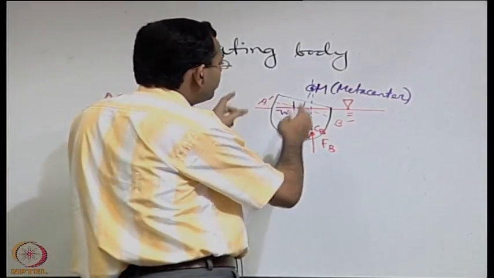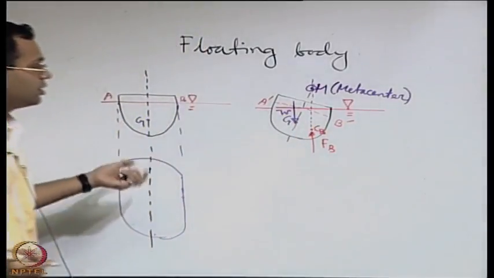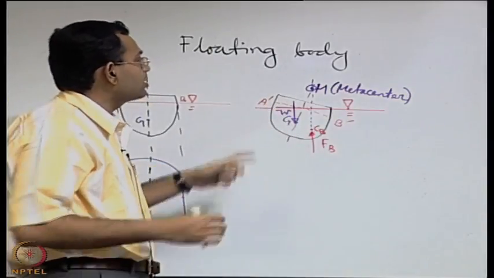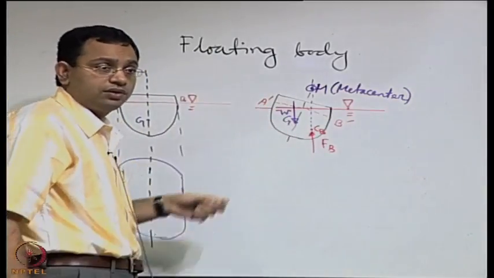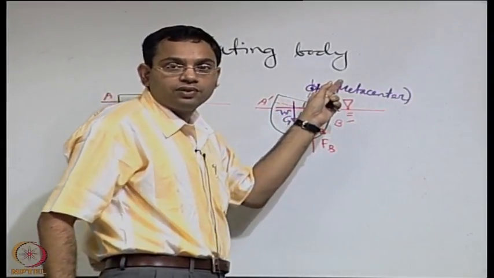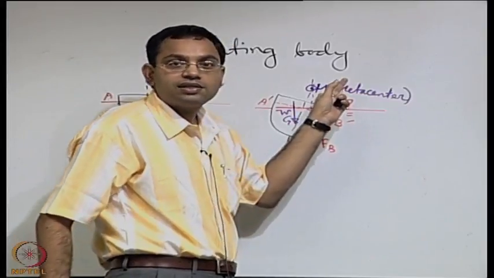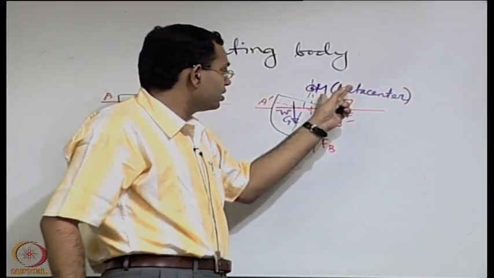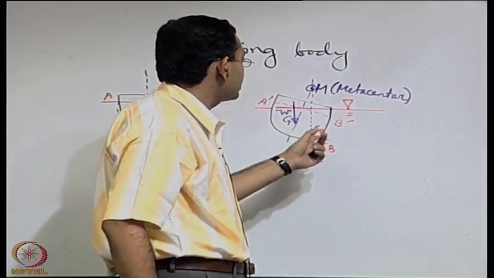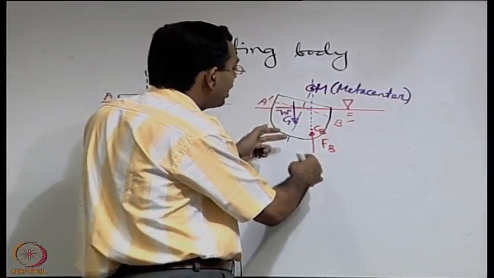Now we will try to find out, as what we have done for the case of totally submerged bodies, how we can find out a stability criterion for floating bodies. As you can see, the presence or the existence of this metacenter is something which is equivalent to the presence or existence of the center of buoyancy for a case when the center of buoyancy remains at its own position.